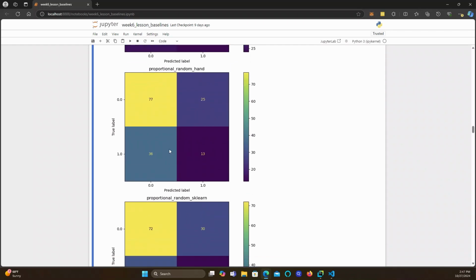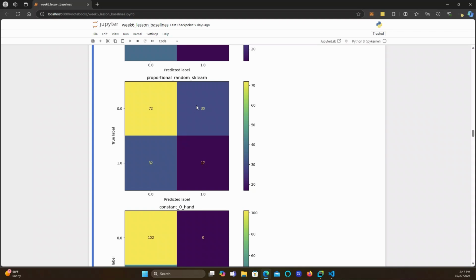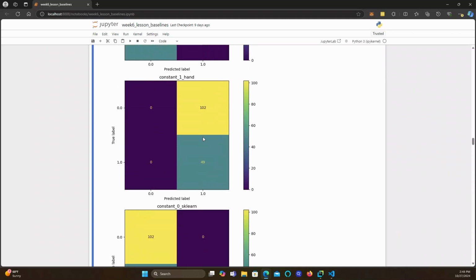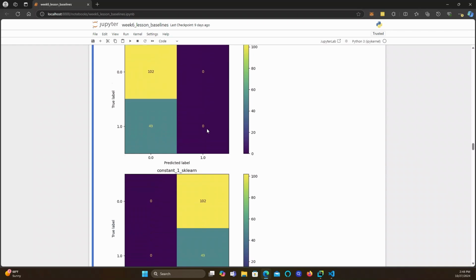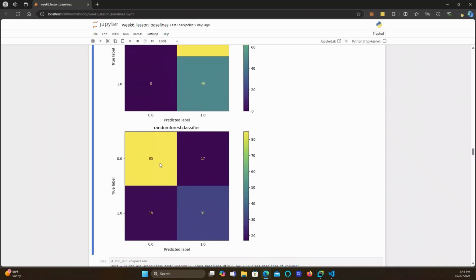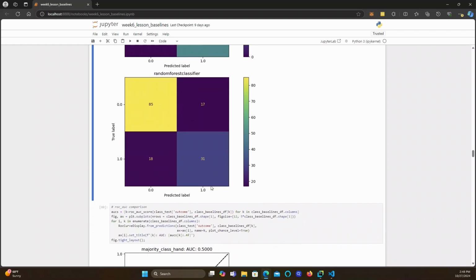Even though the ones off the diagonal are pretty well balanced, we're still getting a lot of them off the diagonal, which is not what we want. Now we'll look at the random forest, and we'll see that most of the observations are on the diagonal, and everything that's not on the diagonal is pretty balanced. So this also tells us that the random forest classifier is a better model than any of the baselines.